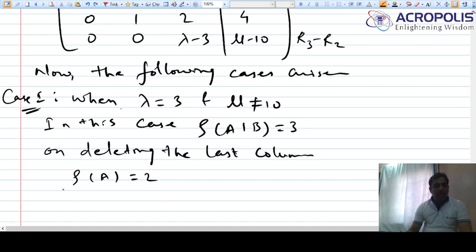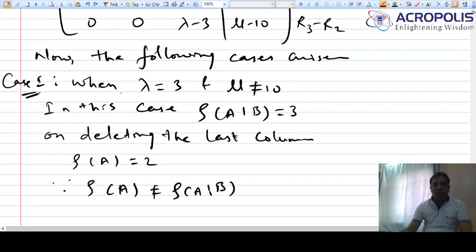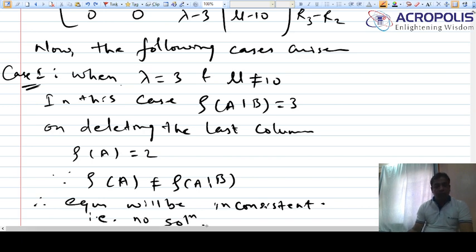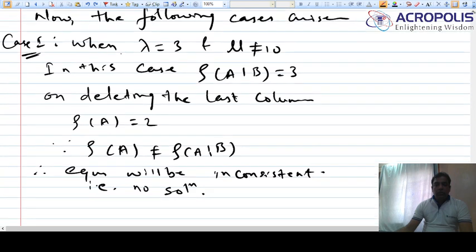And as these ranks are unequal, therefore the equations will be inconsistent. That is, this is the case of no solution. Fine.